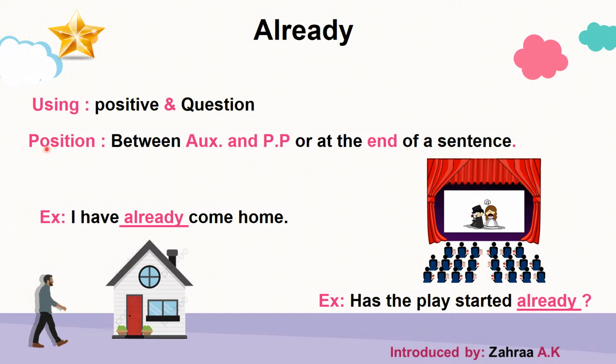But the position is between auxiliary and the past participle also، ولكن الموقع يكون أيضا ما بين الفعل المساعد والpast participle. هذه في حالة الإثبات، لكن بالquestion أيضا يكون ما بين السبجكت والpast participle باعتبار الauxiliary بالبداية. Or at the end of a sentence، أو ممكن يكون في نهاية الجملة. How's that? We see in these examples.